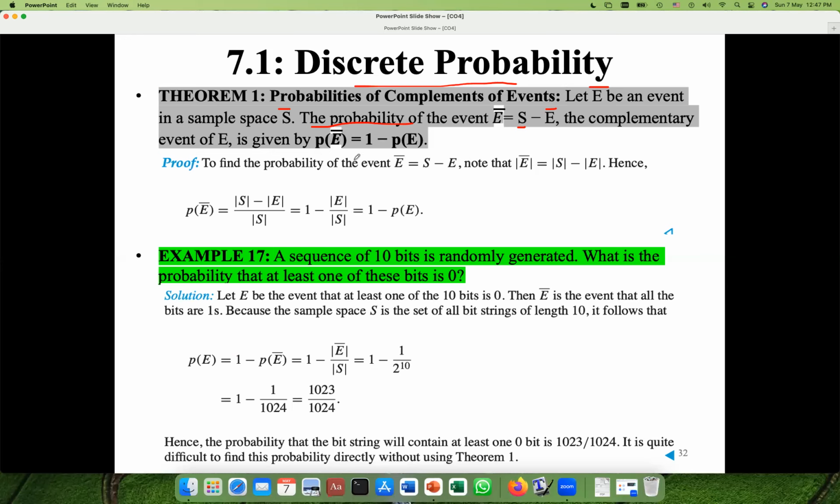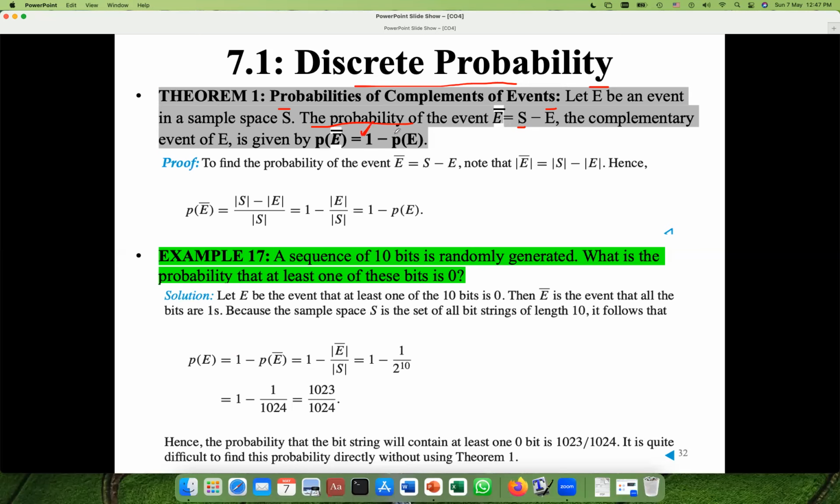So here, the probability of the total space is equal to 1, when all events are active. That is the total probability of the space.